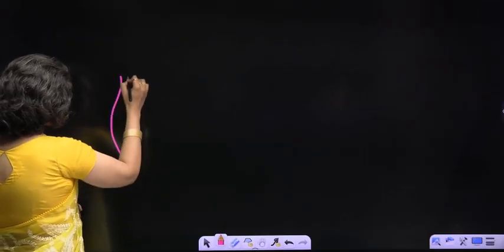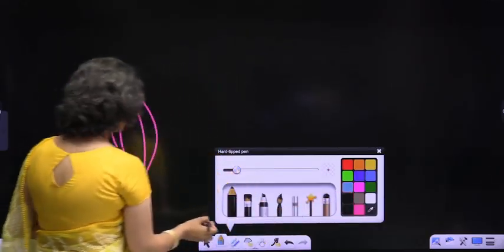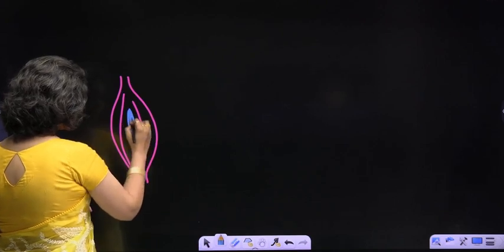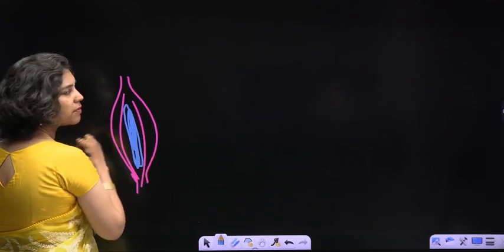Again, I'll show you the muscle. This is the extrafusal part of the muscle. In between this, we are showing the muscle spindle. It lies in parallel with the extrafusal fibers.